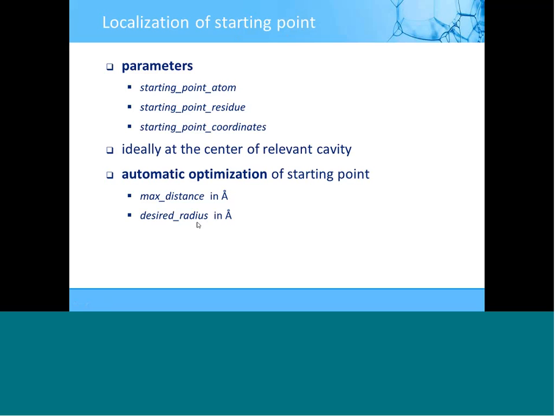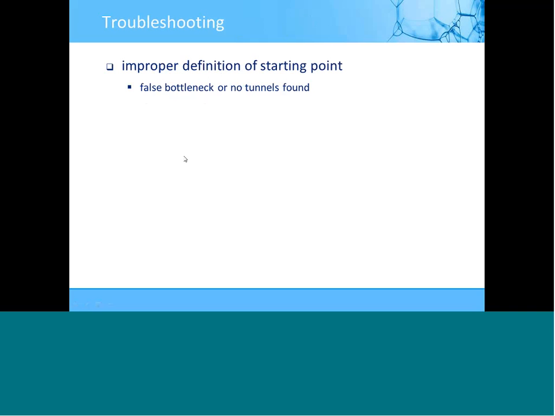So we are saying, okay, I want to put the optimized starting point into some large cavity or in the center of the cavity, something like that. In most cases, the default setting should suffice to obtain reasonable tunnels, but sometimes there is a common pitfall in an improper positioning of the starting point.